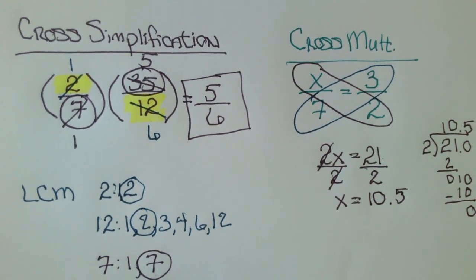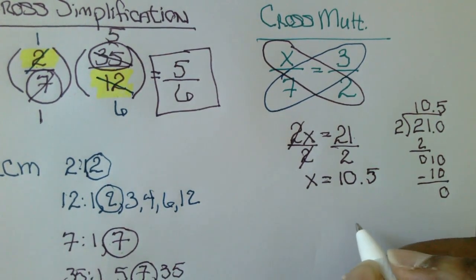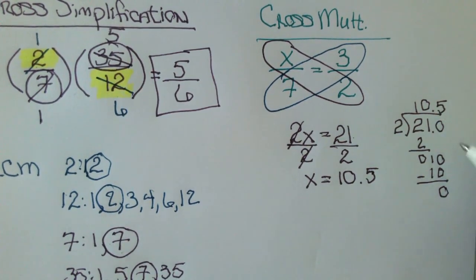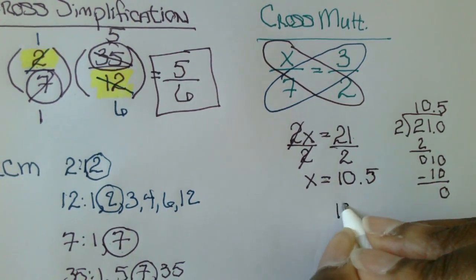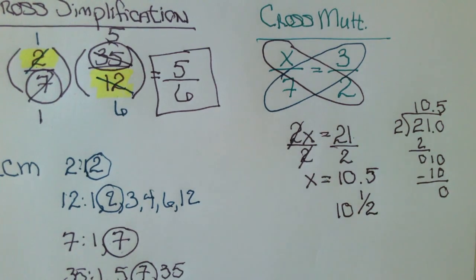So you do get 10.5. If you want it as a mixed number, it's going to be 10, and with the 1 as a leftover, it's 10 and 1 over the divisor, which is 1/2.